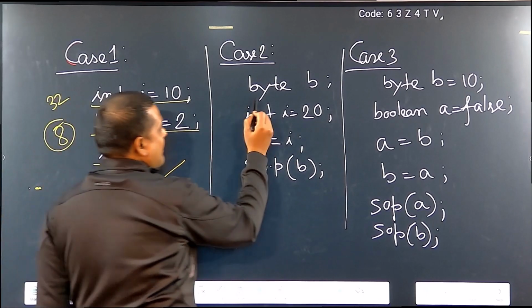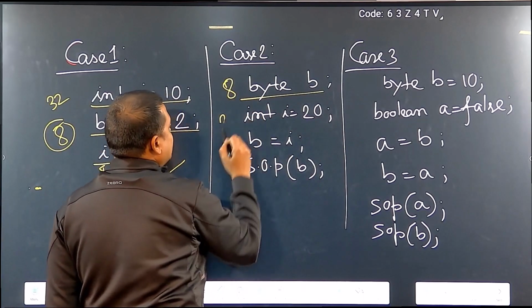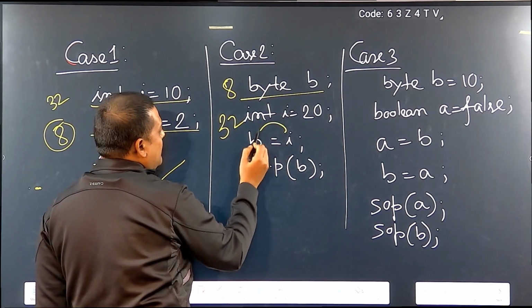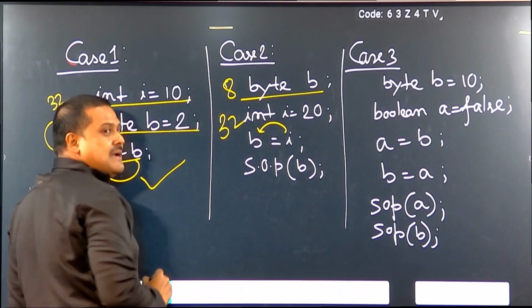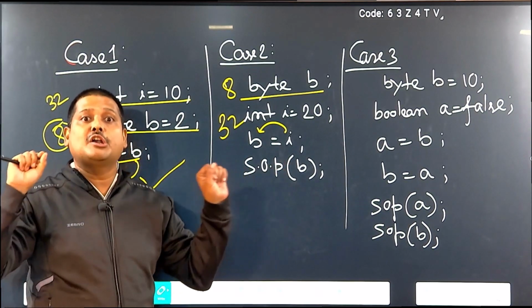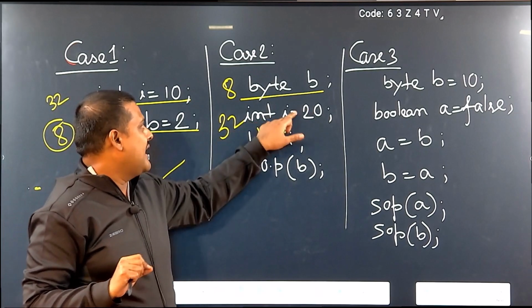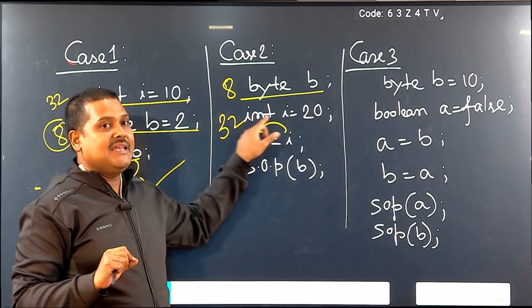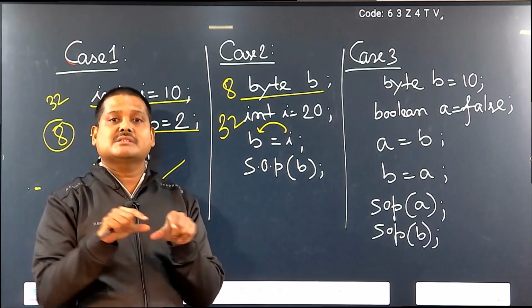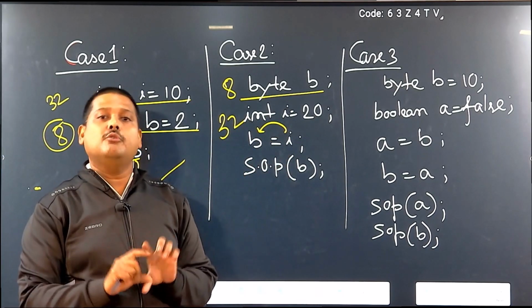So, I have a byte which is 8 bit and an int which is 32 bit. What are we trying to do? We are trying to store 32 bits in an 8 bit location. This is not about the value, but the format, how the value is already arranged. When we store 20 inside i, it is arranged to occupy the total size, so the format of the value will be changed.